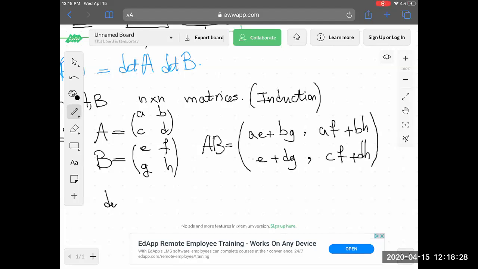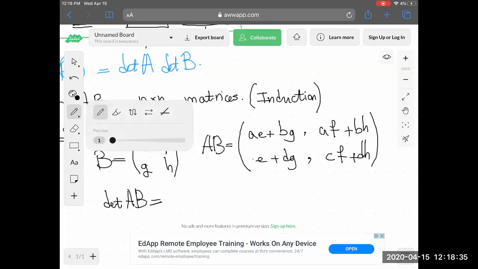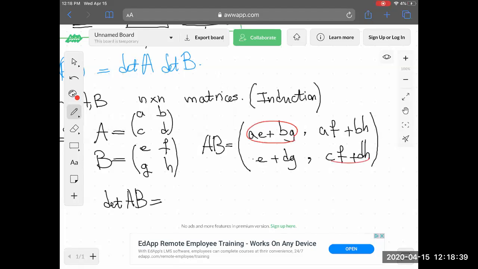Now, we have determinant of AB. As you know, determinant of a 2 by 2 matrix is the multiplication of these two elements minus the multiplication of these two elements.